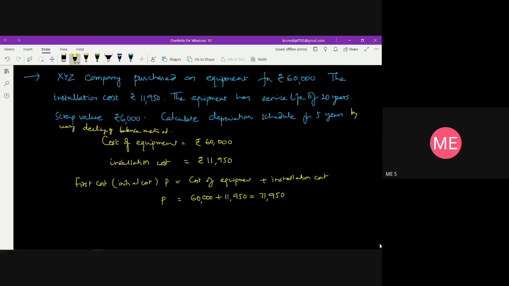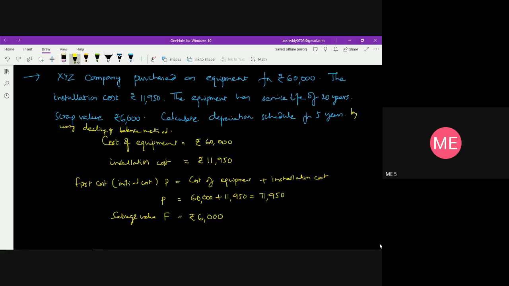The declining balance method can also be called the reducing balance method. So now we can calculate. The salvage value is also given, so that will be taken as the salvage value F, that is rupees 6,000.